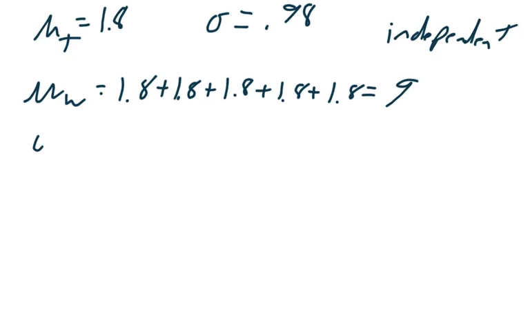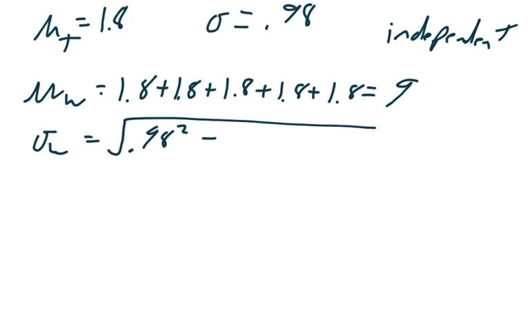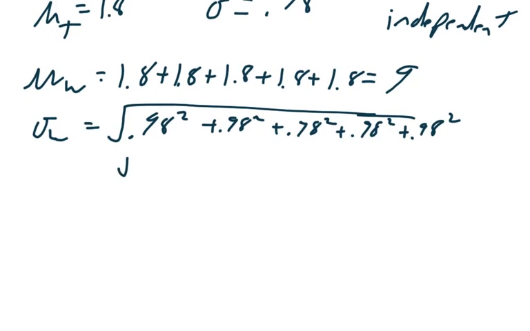Now for the standard deviation for the week, it is not 0.98 times 5 because we are talking about 5 different days. So this is going to be 0.98 squared plus 0.98 squared plus 0.98 squared plus 0.98 squared plus 0.98 squared, don't want to miss the last one, or the square root of 5 times 0.98 squared.